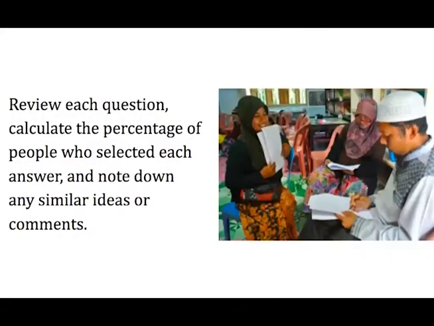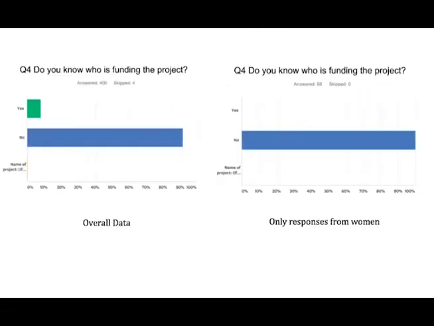That will require you to review each question and the answers to each question, calculate them into percentages, who selected what answer, how many people say yes, how many people say no, and note down similar ideas. Try to find the trends in the answers, what the majority of people are saying, maybe. And if you are using software or a database like SurveyMonkey, you will be able to organize it differently.